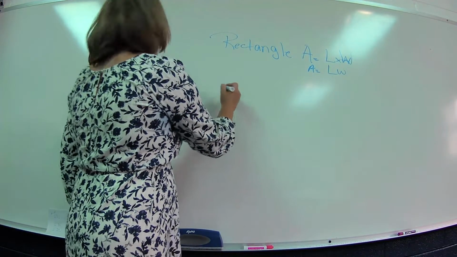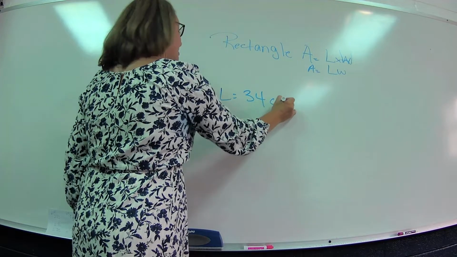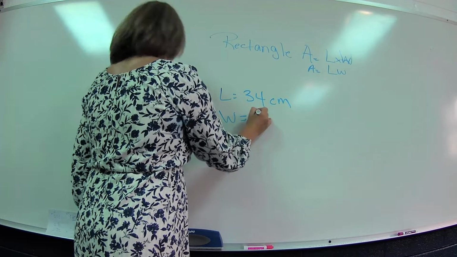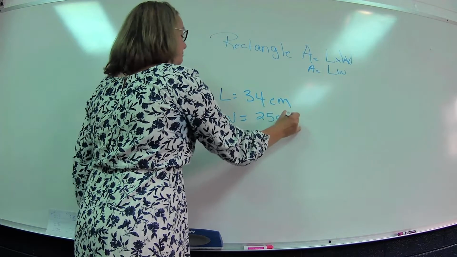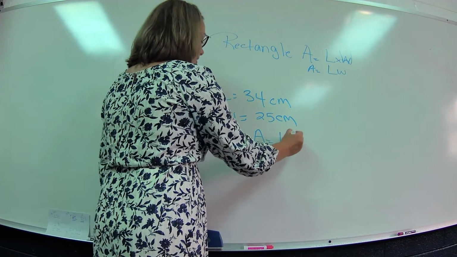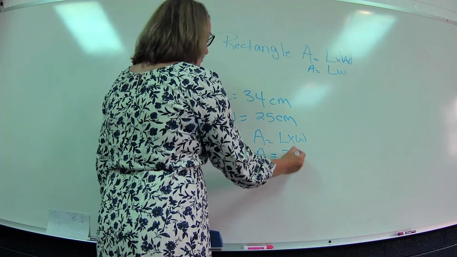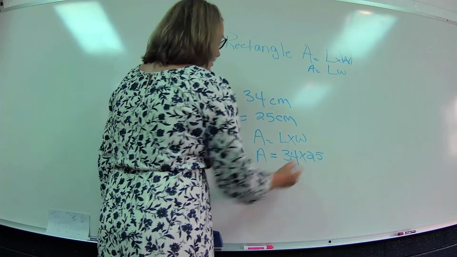Let's say length is 34 centimeters, and width is 25 centimeters. So area equals length times width. Area will equal 34 times 25.